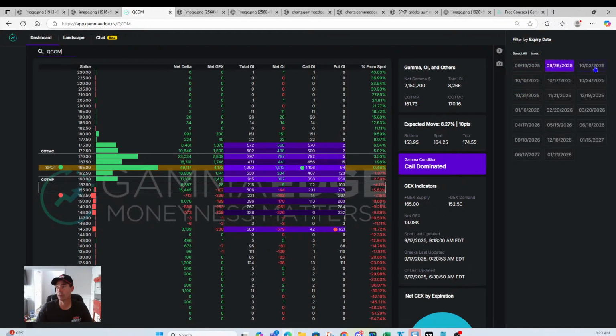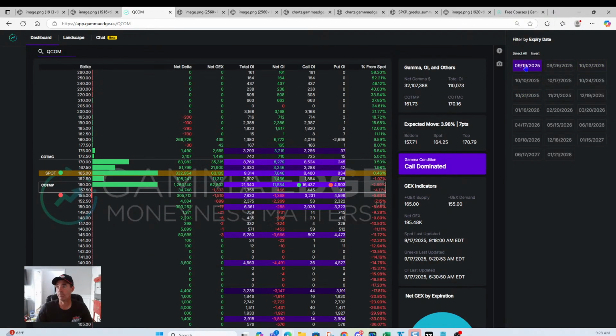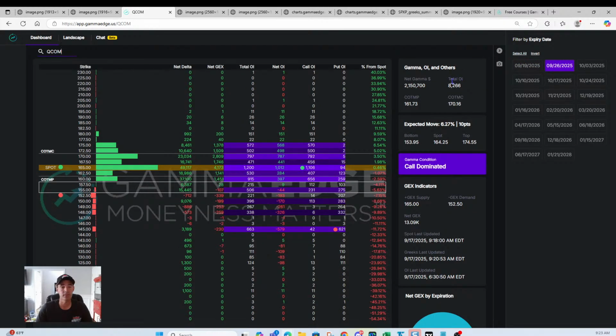You also see the total OI after this expiry drops to 8,000. We'd like to see that increase significantly, which it most likely will after this OPEX, but it's hard to base an overall trading plan decision on this low OI on expiries out in time. We want to see those fill in to see where market participants are anticipating price to go.